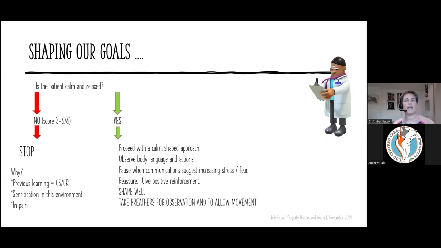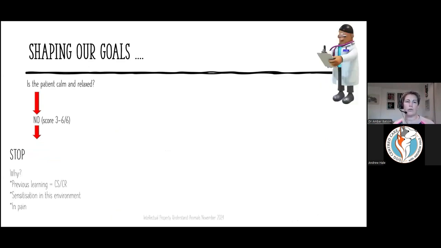If, despite that, we are still seeing an increasing stress score, well, then we're back over here. Stop. Think about why. What's our better plan? So, what is our plan? Can we stop for a bit longer? Perhaps if they were on the table, let's get them off the table, go on the floor and let them do something else for 30 seconds, a minute or two.